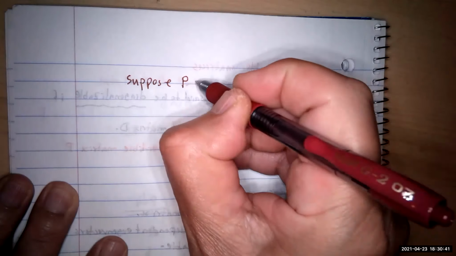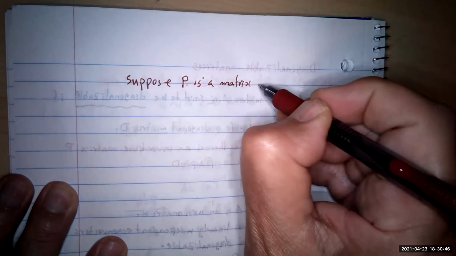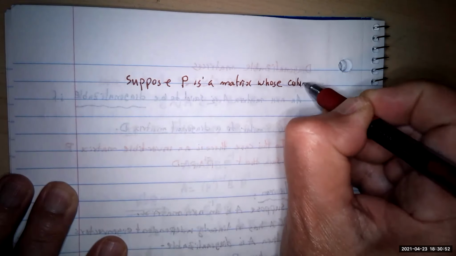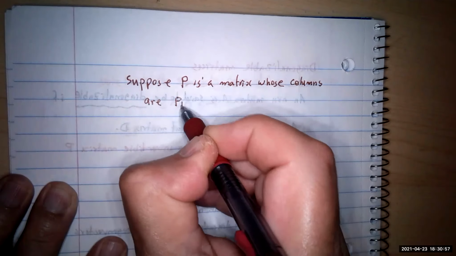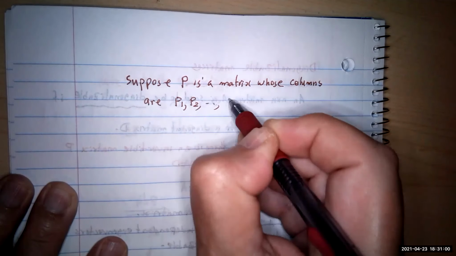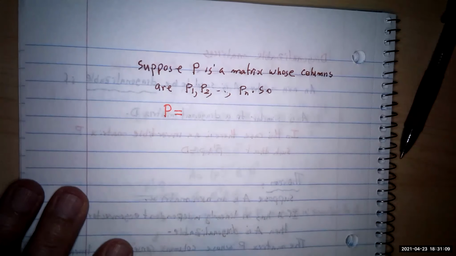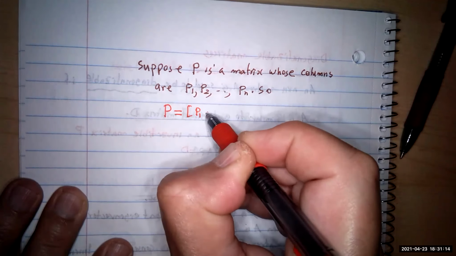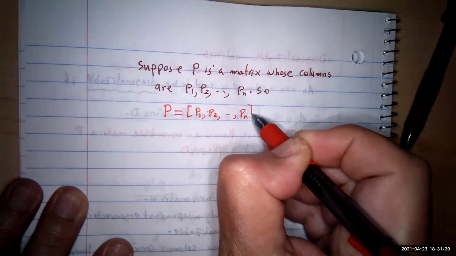Suppose P is a matrix whose columns are P1, the first vector, P2, up to Pn. So this is the matrix P that you're going to form for us.